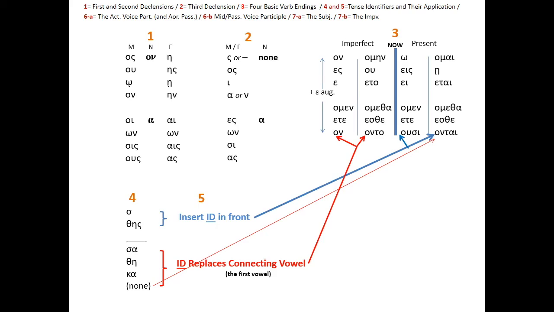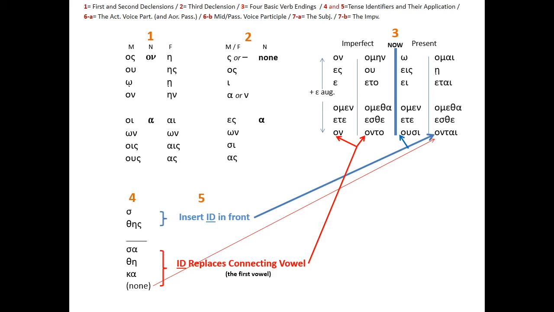Minimum 5 can be stated in 2 sentences. 1. Insert the future tense identifiers in front of the present tense endings, and you can see that with the blue line going up toward columns 3 and 4.